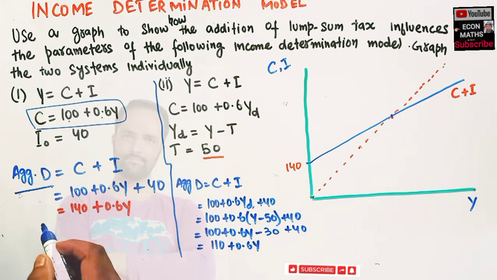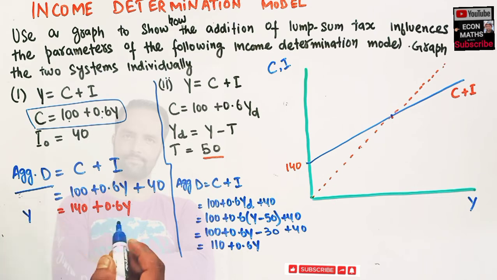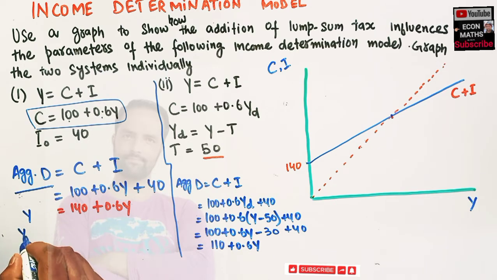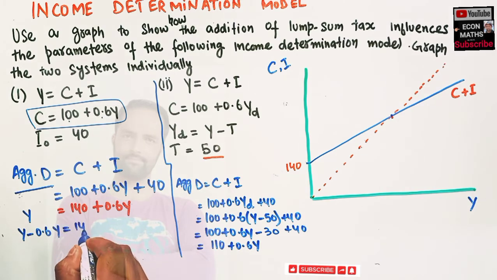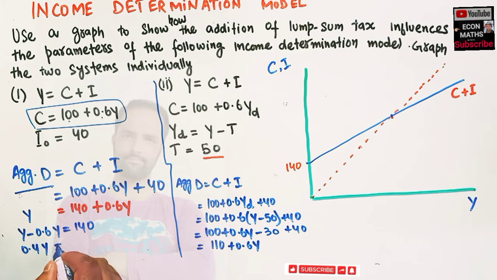Aggregate demand will be equal to Y, so Y minus 0.6Y will be equal to 140. So 0.4Y will be equal to 140. 0.4 is actually 4 upon 10.